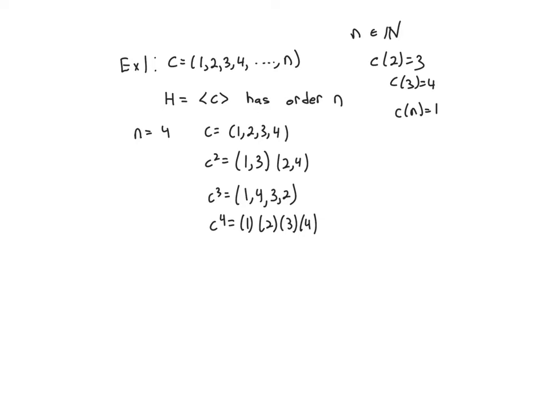Right, because how do you compute the kth power of a cycle? You take an element on the cycle and you count k steps to the right. And so the nth power says count n steps to the right, and if you have an n cycle, that means you're going to end up where you started. So the nth power of an n cycle fixes every element. And so you can see that an n cycle has order n.